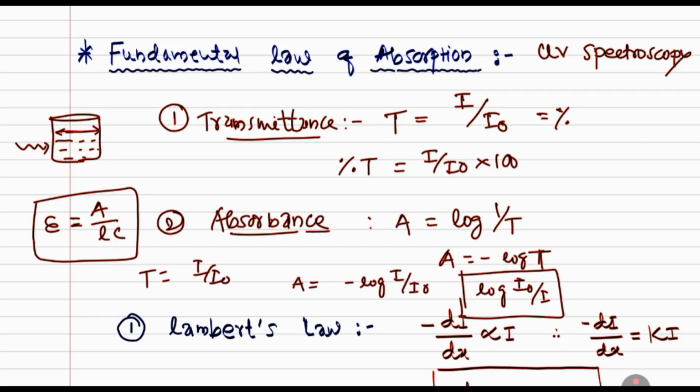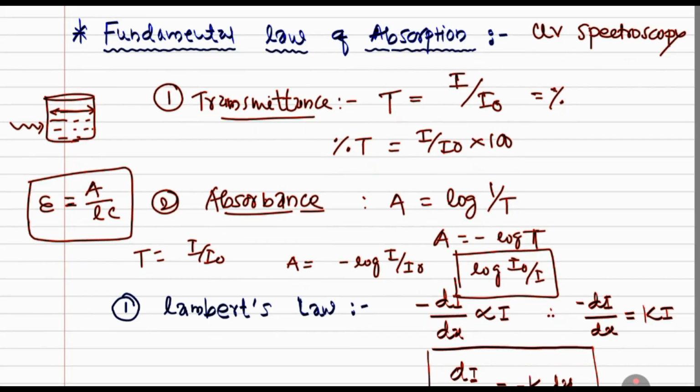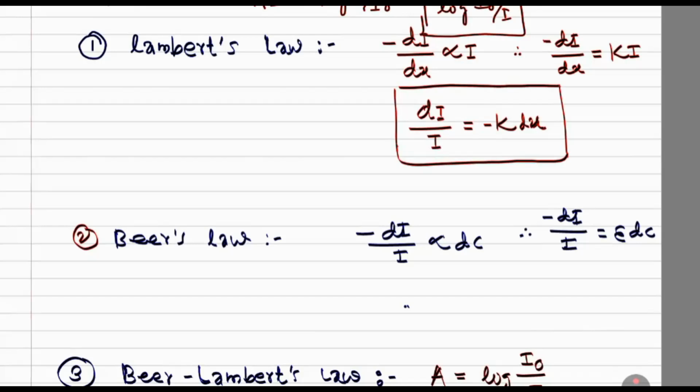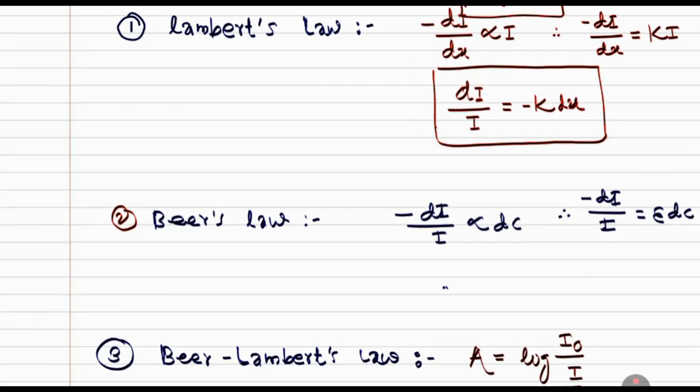Now we are moving to the first law of absorbance, which is called Lambert's law. According to Lambert's law, we are talking about the relationship between the intensity of incident light and the thickness.